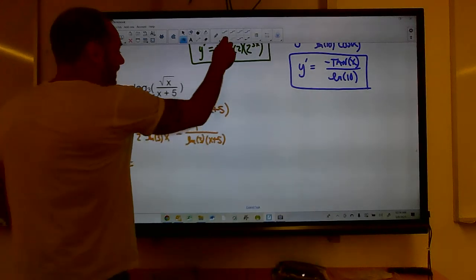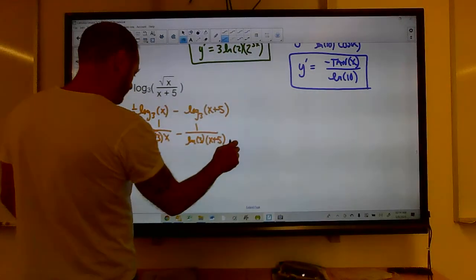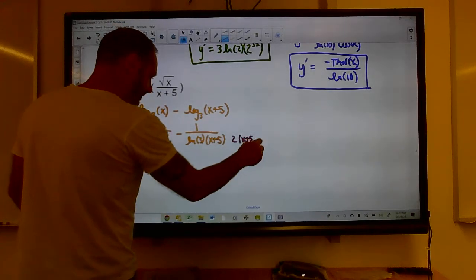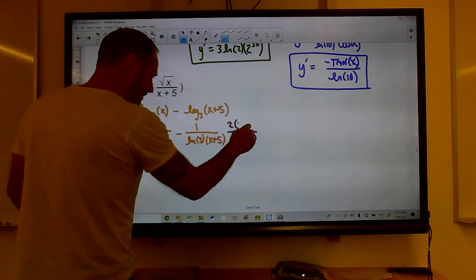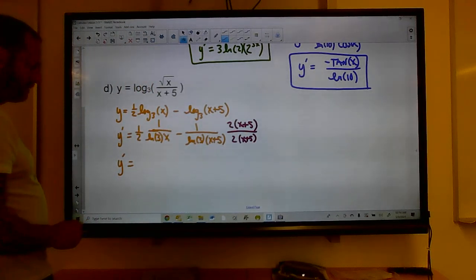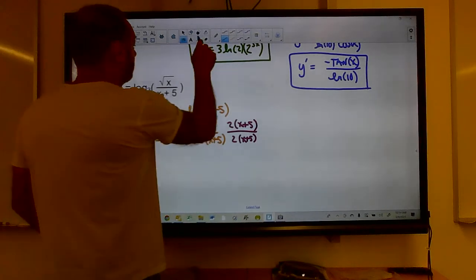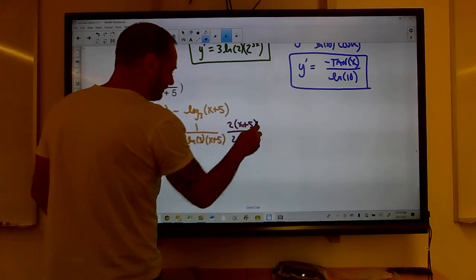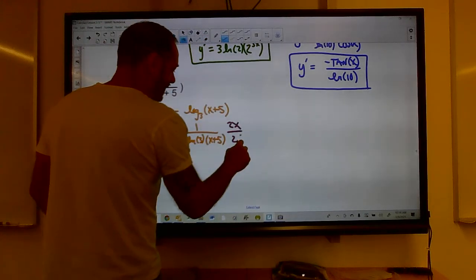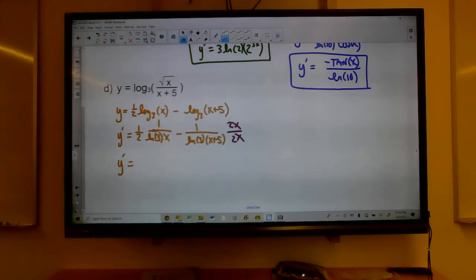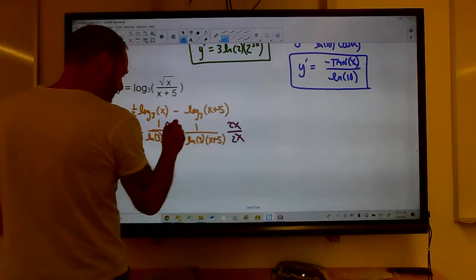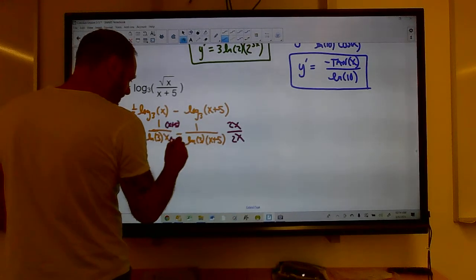But if you wanted to clean this up, I'd need to multiply this one over here by 2x over 2x, and this one is going to be times x plus 5 over x plus 5.